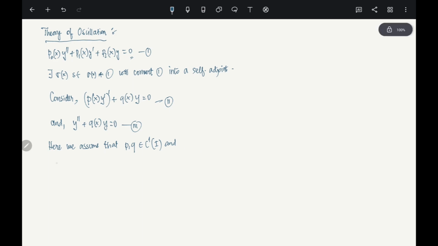Now, definition. What do we mean by oscillation?